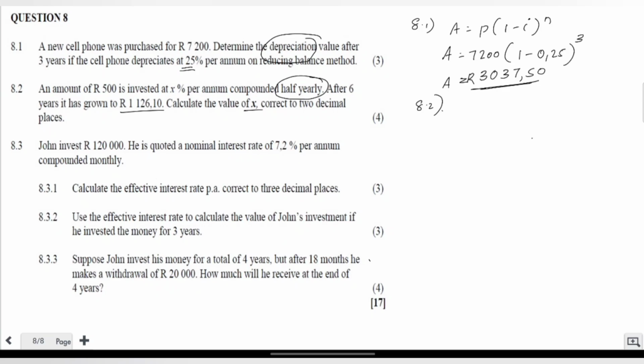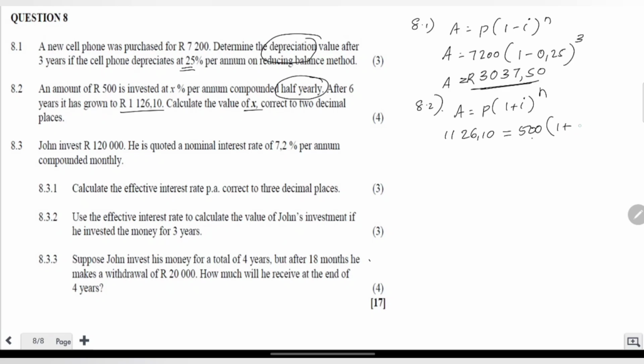Is that clear? Okay, so here for compound interest, A is equal to P(1 plus i) to the power n. Since this is half yearly, you have to do the necessary changes. The final amount is 1,126.10 and the initial amount is 500.